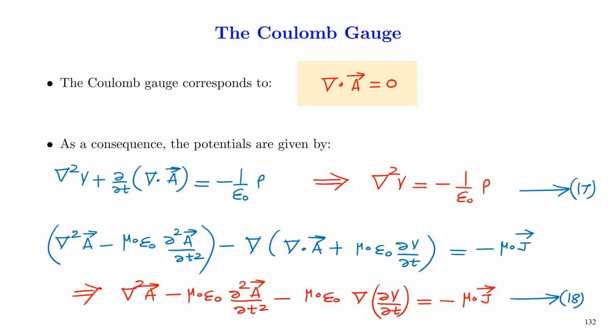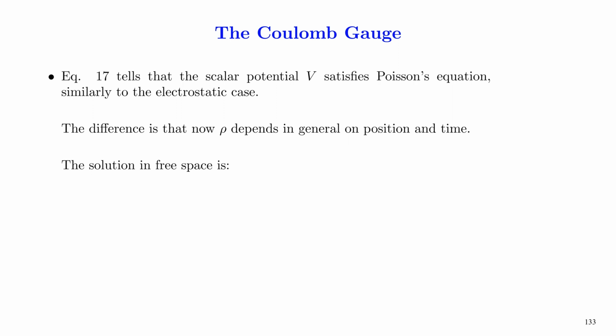Let's now try to understand these results, that is equations 17 and 18, a bit in detail. Equation 17 tells us that the scalar potential V satisfies Poisson's equation similarly to the electrostatic case. The only difference is that when we consider electrodynamics, the charge density rho depends on position and time, whereas in electrostatics, the charge density depends only on position.